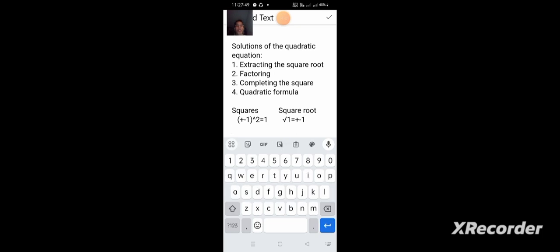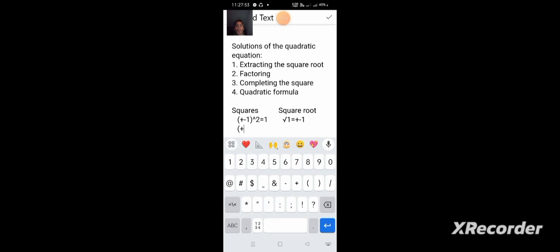Okay, for another example, we are going to get the square of positive negative 4 raised to 2. You will have 4 times 4, which is positive 16.